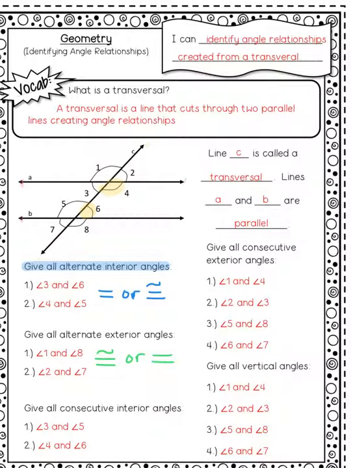My other pair that I'm going to show you are angles 3 and 5. If you take angles 3 and 5, or angles 4 and 6, and we add them together, we will end up with 180 degrees. So their sum is equal to 180.